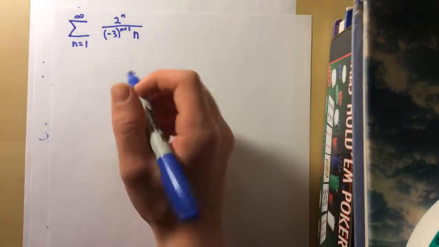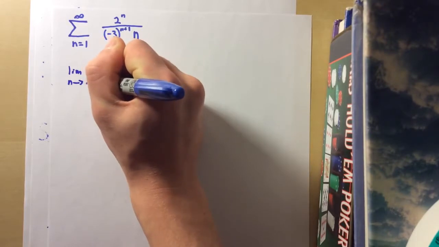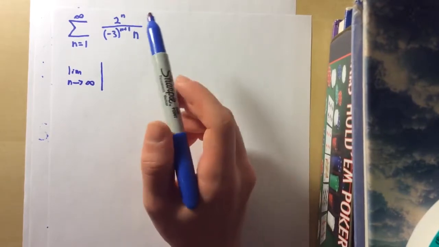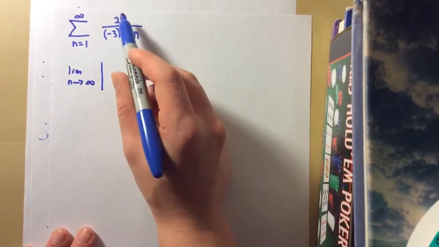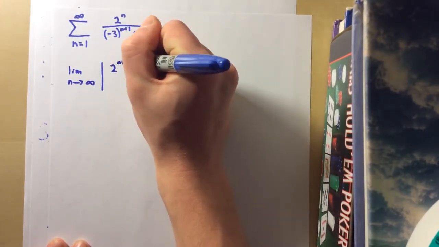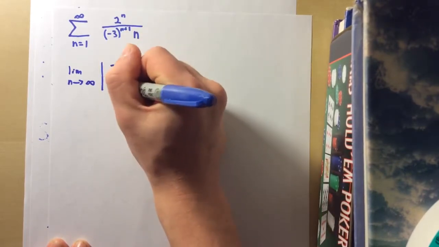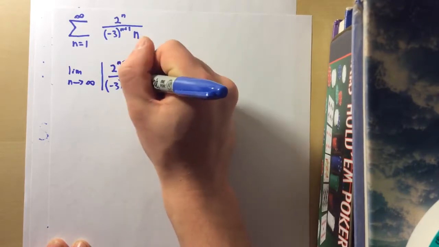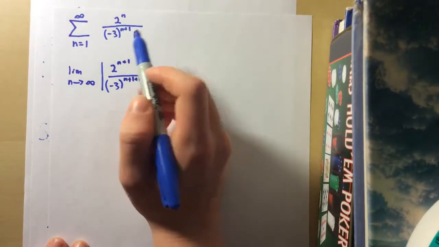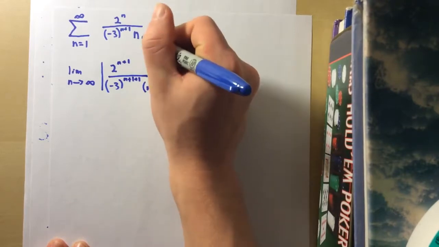Remember, we're taking the limit as n approaches infinity, and I'm going to go ahead and write it already using the reciprocal. We take the n plus 1 term, so that gives us 2 to the n plus 1 all over negative 3 to the n plus 1 plus 1, because we already have an n plus 1 and we're adding another one, multiplied by n plus 1, which comes from the little n right here.